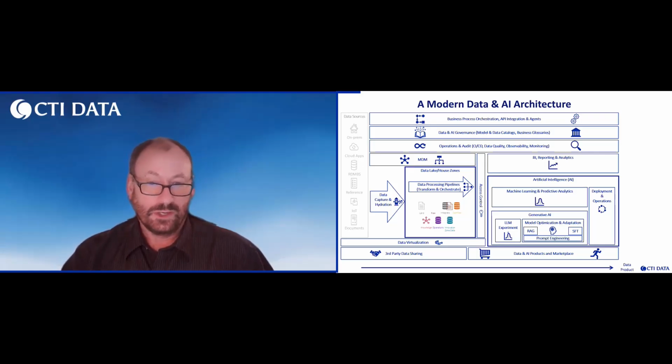For instance, LLMs and Gen AI on the right side of this diagram, from our perspective, really should be embedded in your enterprise. They shouldn't be one-off fragmented science projects that live in a vacuum, as we often see these days. Gen AI should be part of a living, breathing, modern data and AI architecture that serves the enterprise and provides quantifiable value.